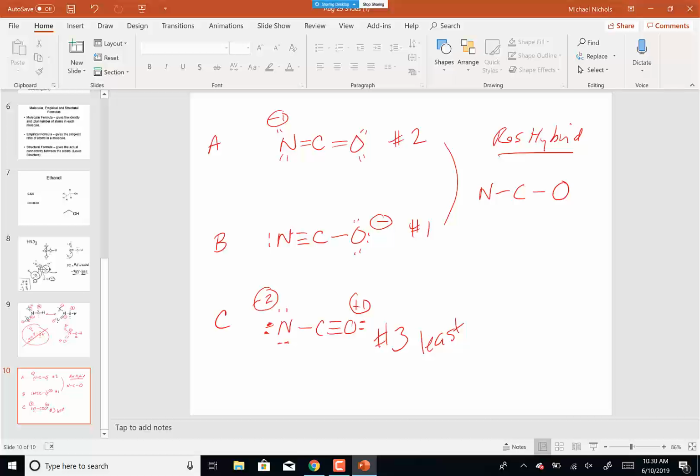Slightly negative, partially negative, delta minus, because nitrogen goes from -1 to 0, average, delta minus. The carbon charge, 0. Oxygen charge, delta minus.